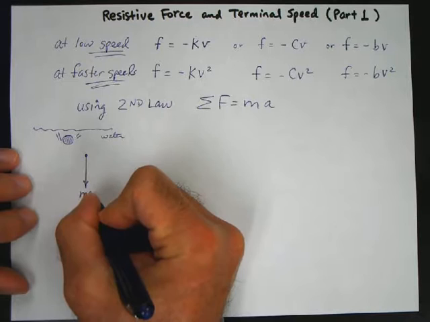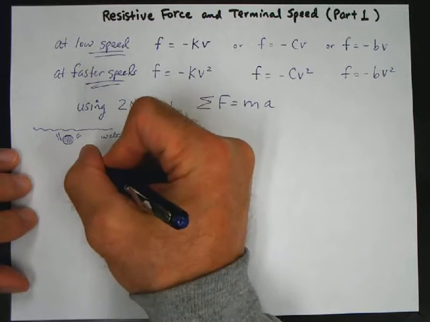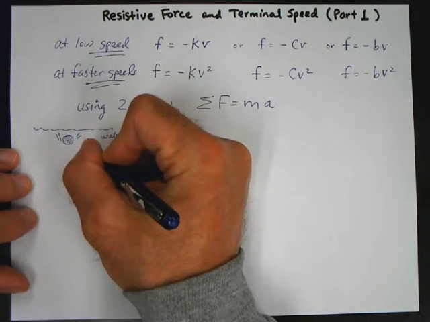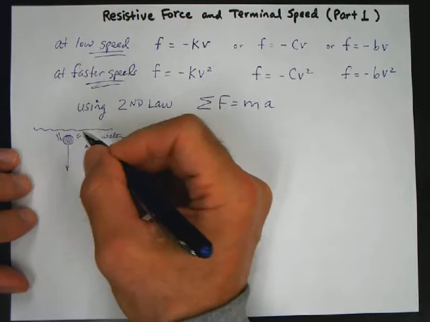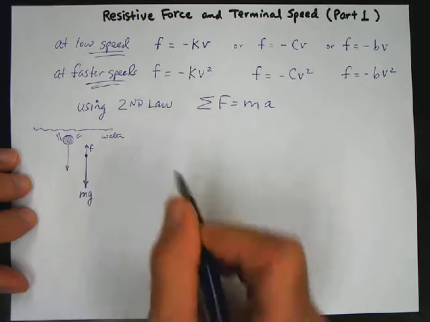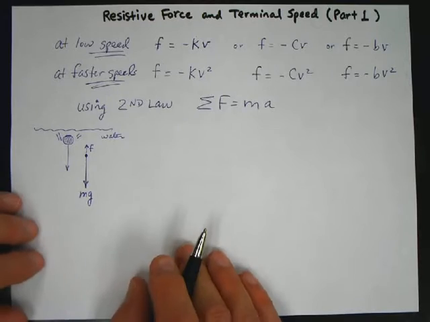Well, we have the weight, don't we? The weight of that object is mg. And then there's the resistive force due to the fluid that's pushing upward. And if this pearl is sinking, that must mean that the weight is bigger than this resistive force.